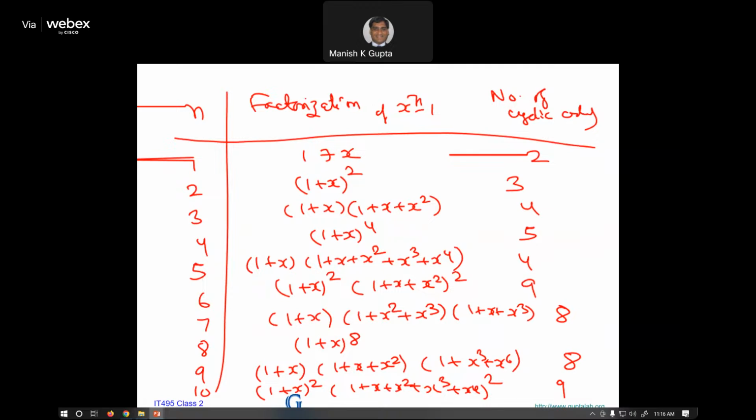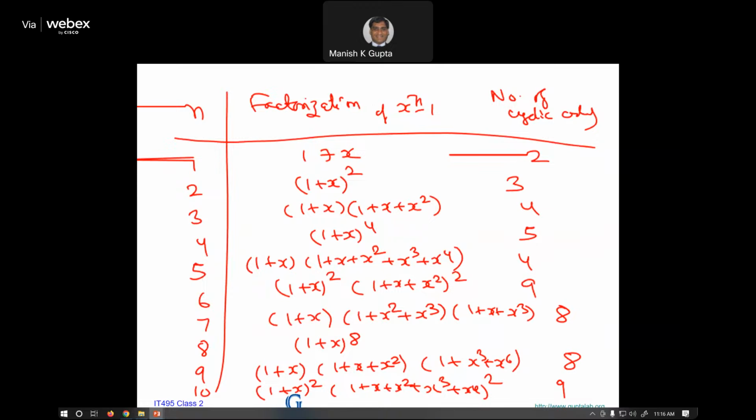Because you see, this will give you all 8 vectors. The basis has 3 elements: 0, 0, 1; 0, 1, 0; 1, 1, 0. These 3 vectors are linearly independent. So how many vectors will it generate? 8 vectors. This is the case of the whole space. All vectors.